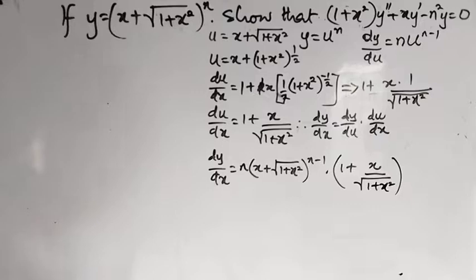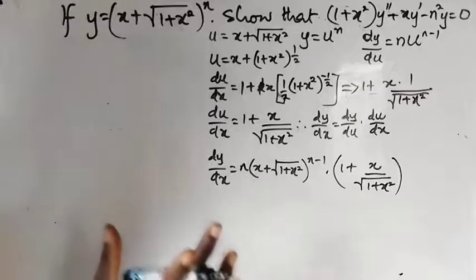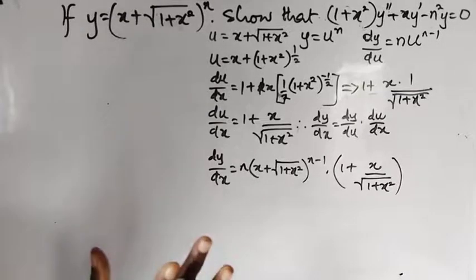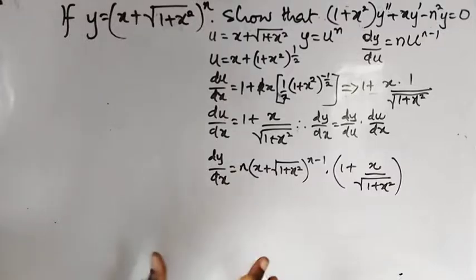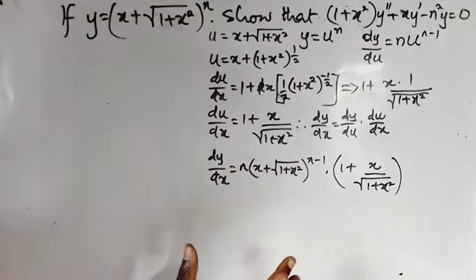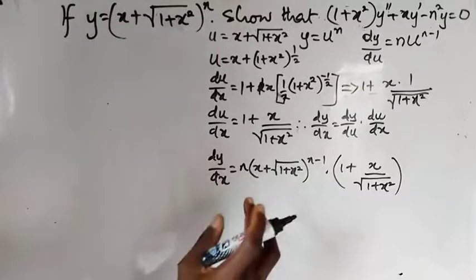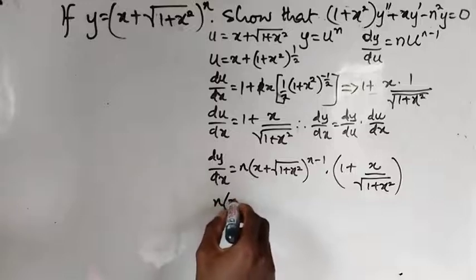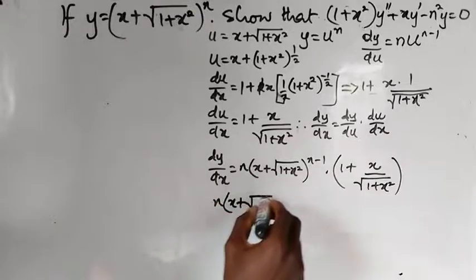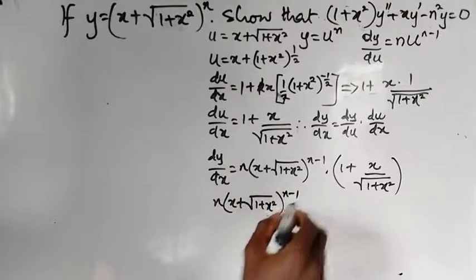Alright, to simplify further, let's take it one after the other because it might look a little bit complex, but I'll do it step by step so that we understand how the process is. Let us take this first. Down here you have y equals (x + √(1 + x²)) all to the power of n minus 1.